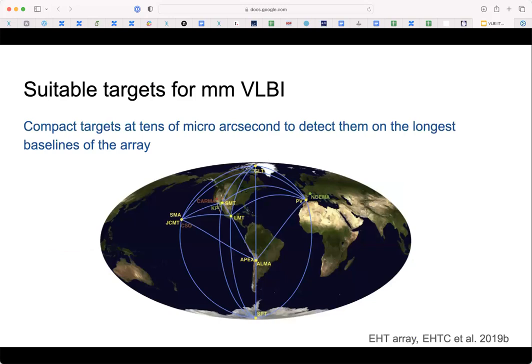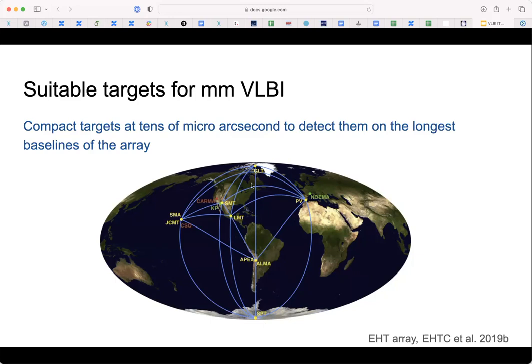You have to also think about suitable targets for millimeter VLBI. This is something that was covered in the science talk by Kazi. The common science was that all targets, whether these are masers, compact objects, or AGN, are really compact enough at tens of micro arcseconds so that you can detect them on the longest baselines.